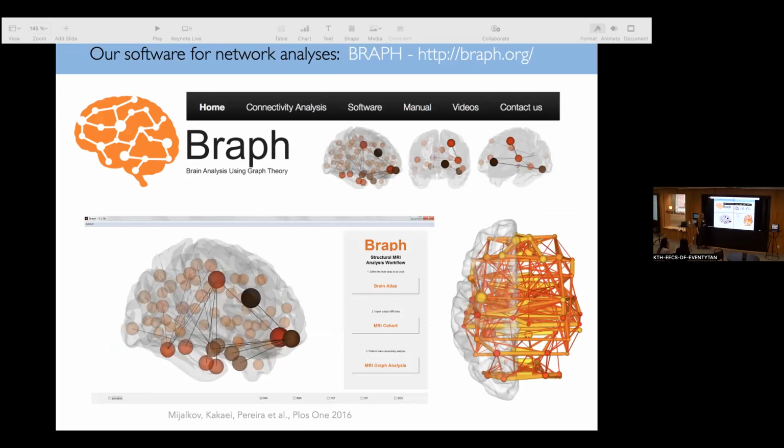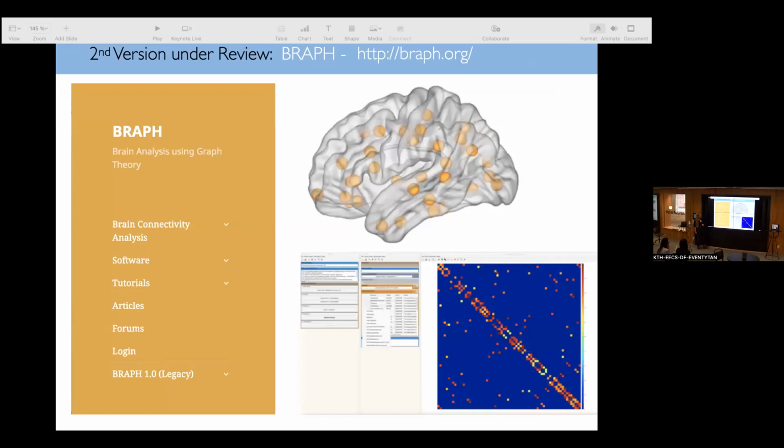This is the first version of the software, which was published a few years ago, and it has been highly cited. And we are now very excited about the second release of the software, which will include the latest developments in the field, such as multi-layer networks and deep learning analysis, which in my opinion are going to revolutionize the way we analyze brain connectivity.